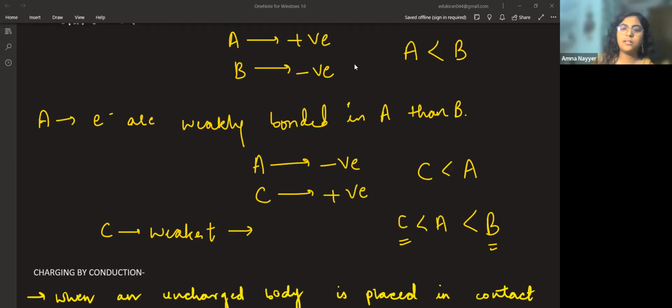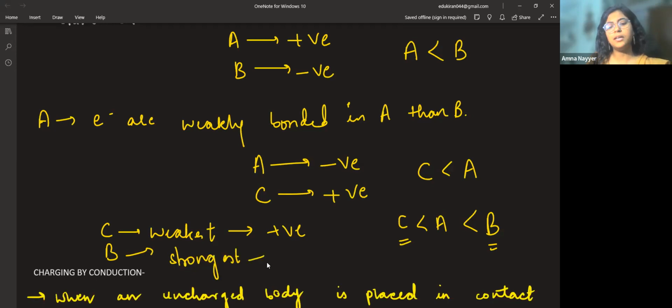Sidra, good. Yes, Yaya, correct. Positive, because C has the weakest. So electrons will easily escape from C. So this will be positive. And since B has the strongest, this will become negatively charged. So prediction of sign can come.